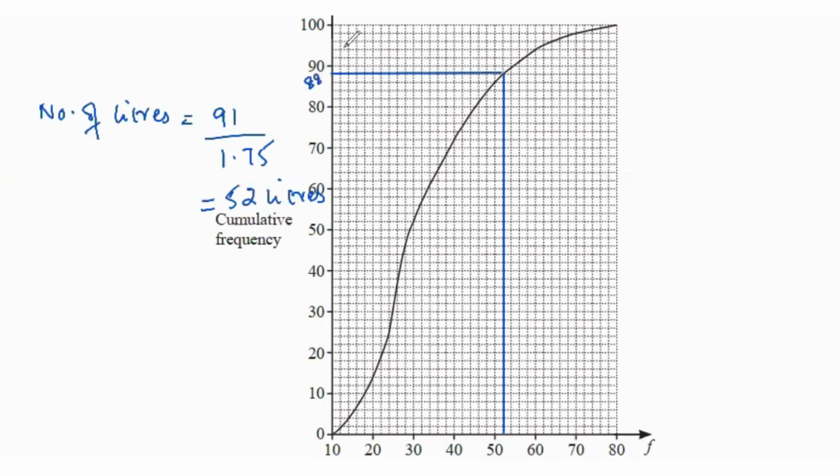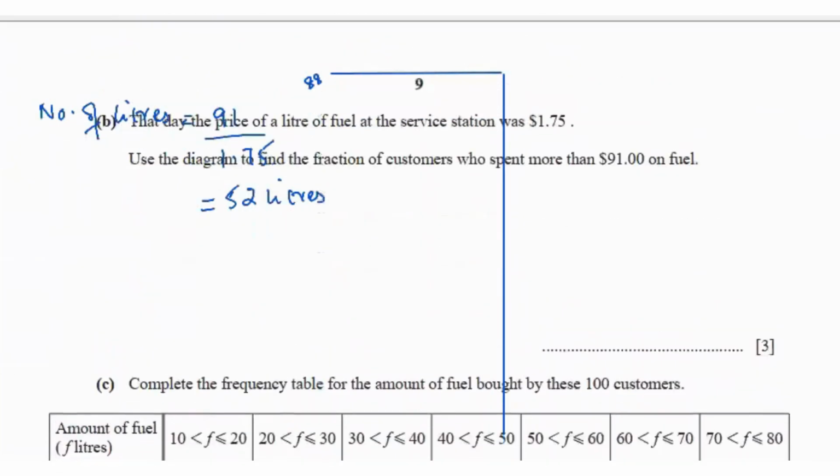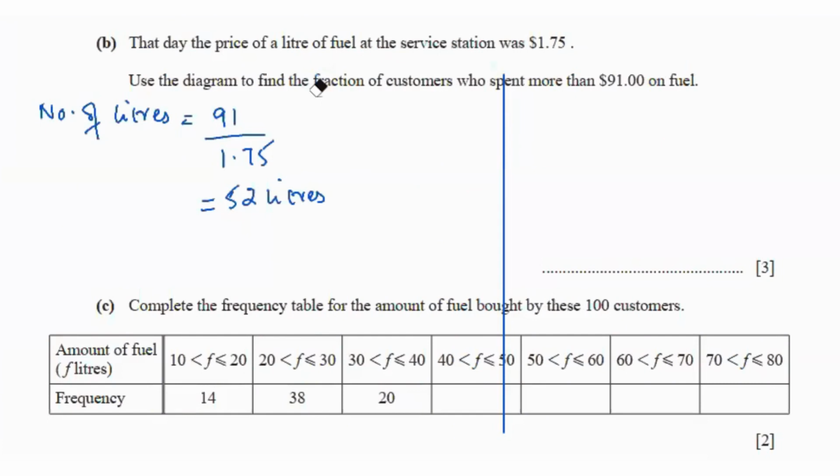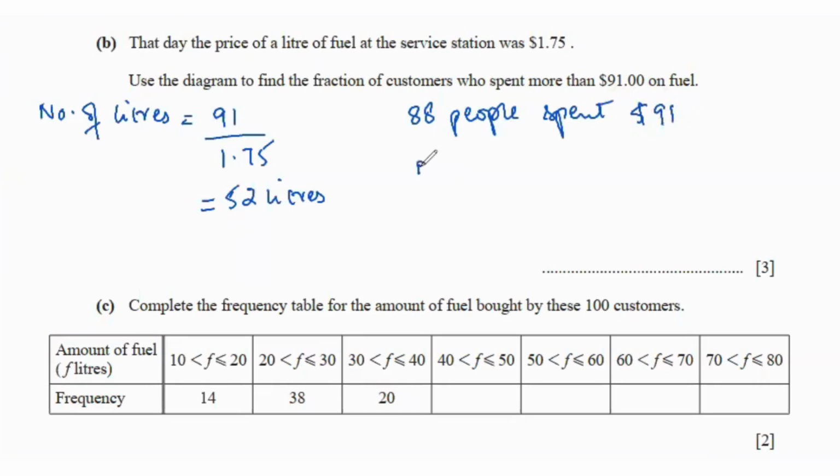Now they want us to find the fraction for those who paid more than $91. First, 88 people spent up to $91, which means more than that would be 100 minus 88 over 100, which is 12 over 100.